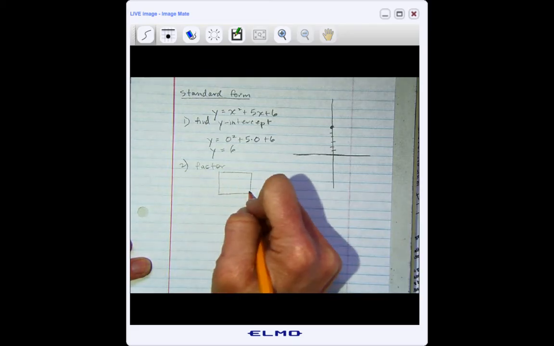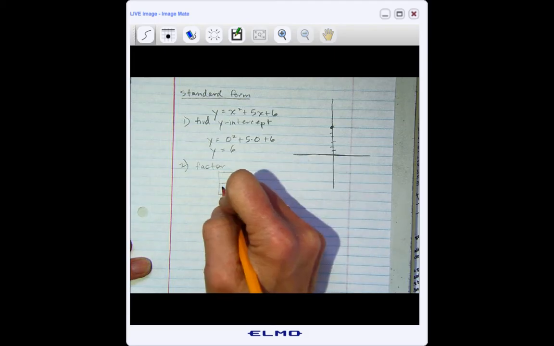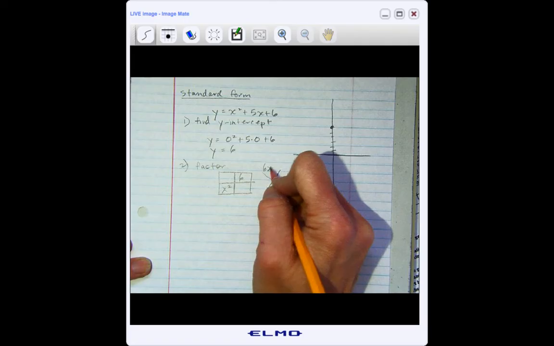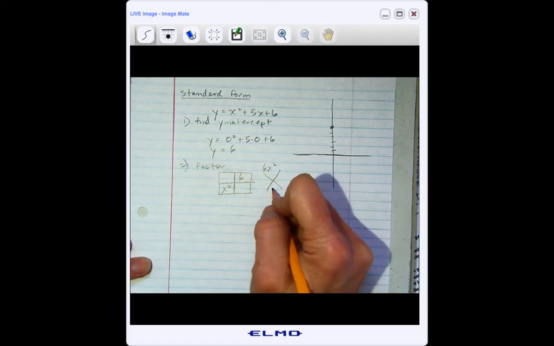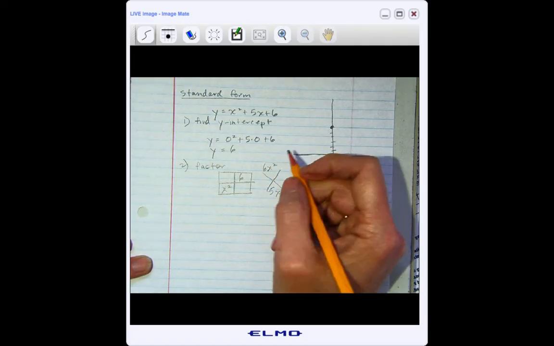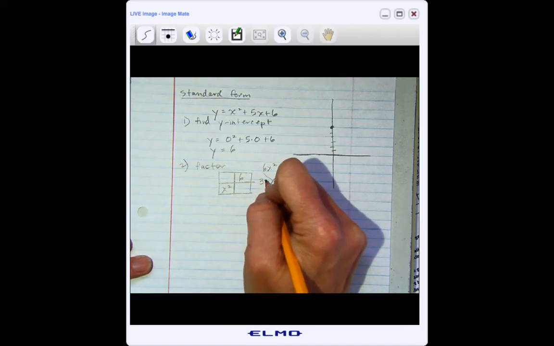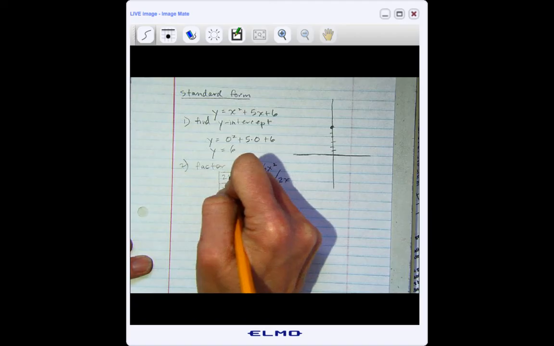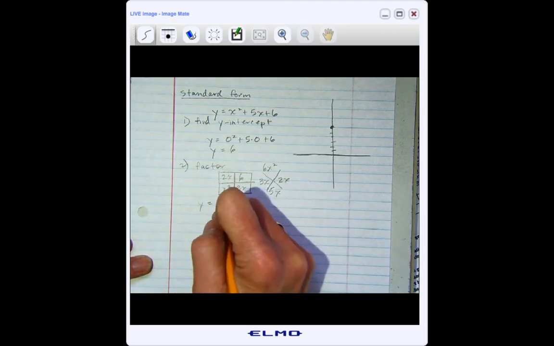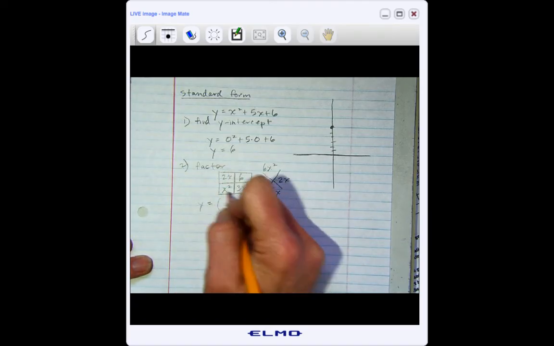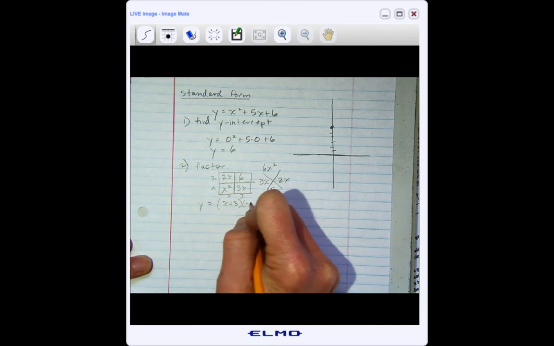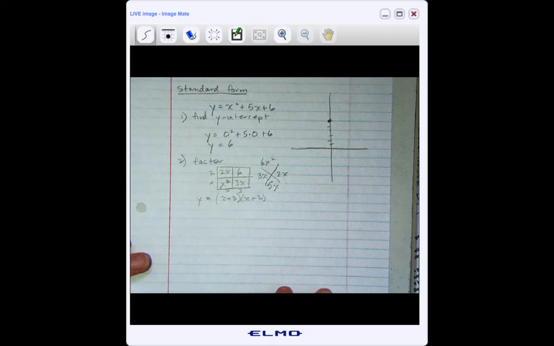So I'm going to try and factor this and see if it factors. x squared plus 5x plus 6. So let's see, I'm going to get 3x and 2x. So now I'm rewriting this as y is equal to x plus 3 times x plus 2.